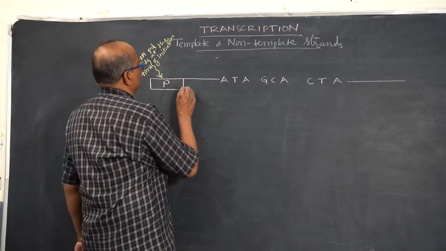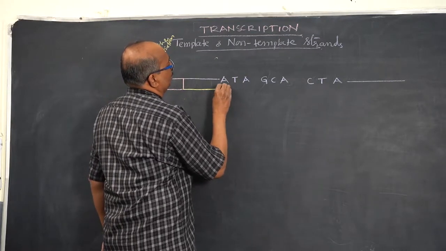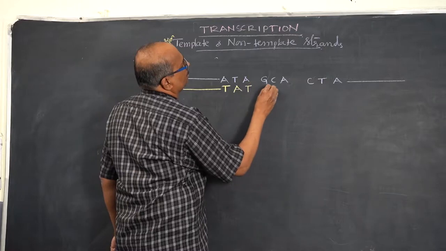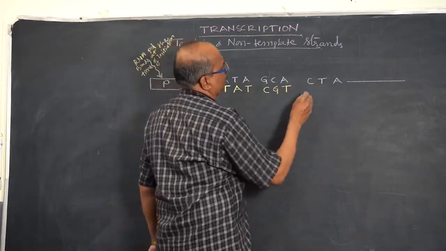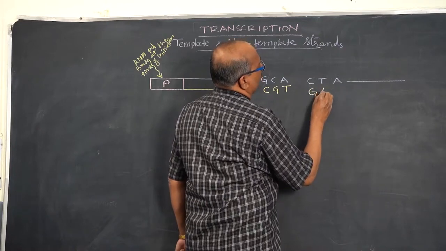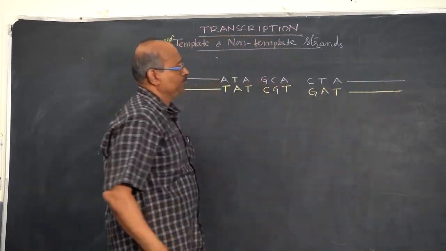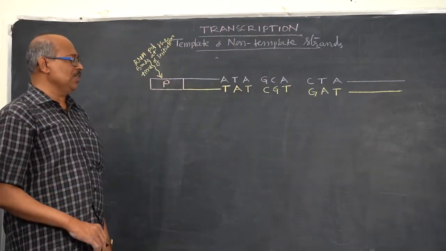This strand should have a complementary sequence: T, A, T, C, G, T, G, A, T.